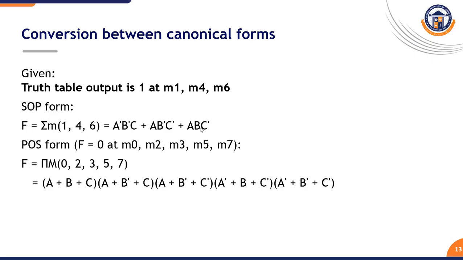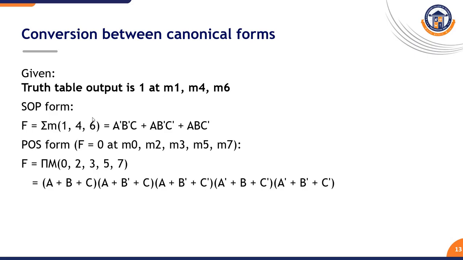It can be expanded to the Boolean expression like this, and we are writing the max terms that will be provided by having 0 in the truth table for the input variables, that is 0, 2, 3, 5 and 7, the complement of 1, 4, 6.